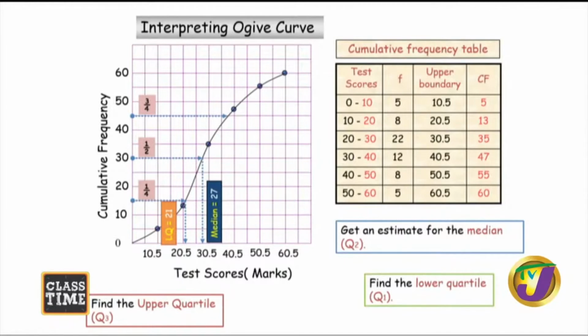That's not your answer. I need to draw my dotted lines to the curve, and then find the coordinating x value, which is the coordinating test score. So when I draw the other dotted line now, I realize that it's approximately 38.